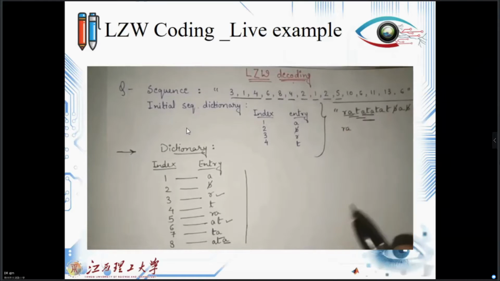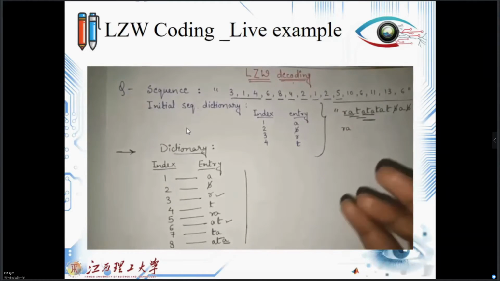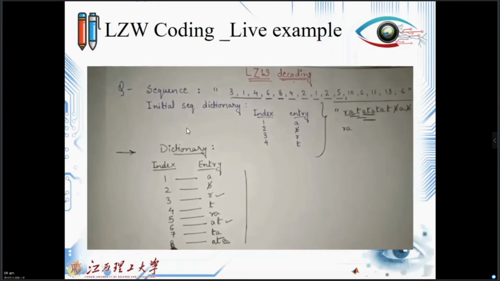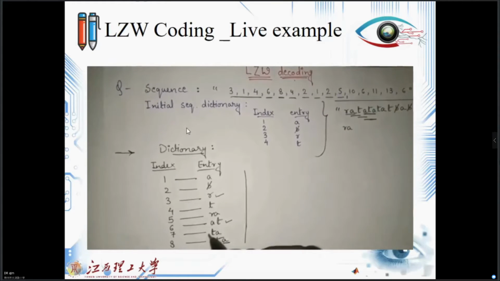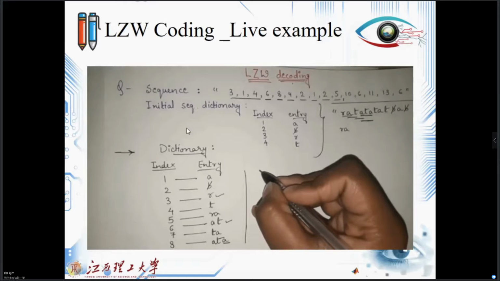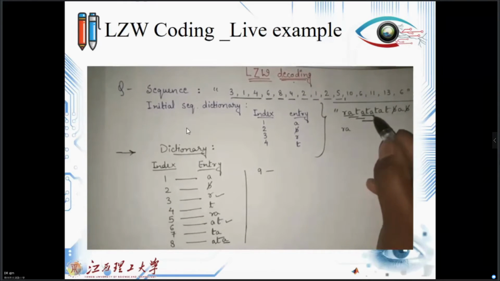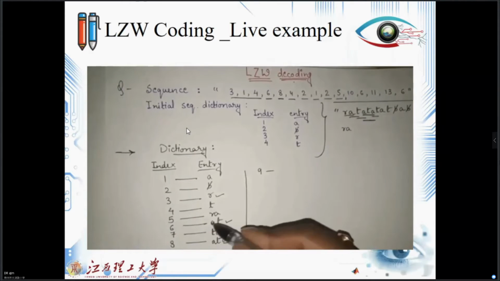Again, we don't have 10 inside our dictionary. What should we do? We should stop and update the dictionary. But first, we should generate 9 and then we should go for 10. We were up to ATA. Again, something we have. And AT we had for the 6.